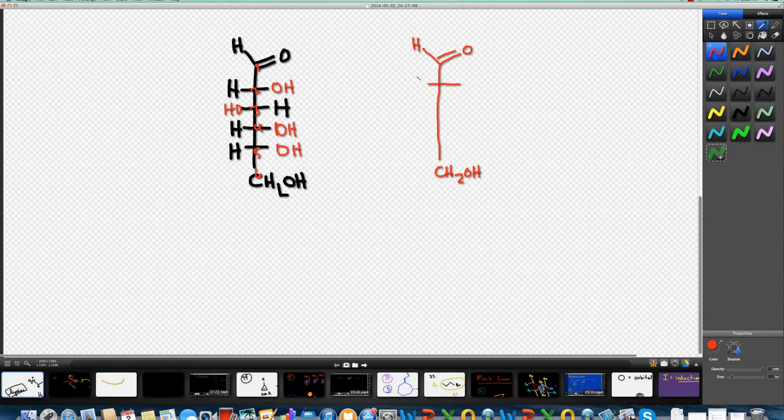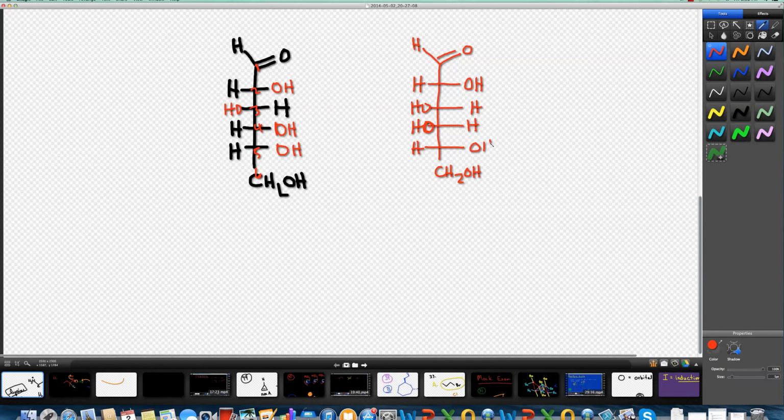And so carbons 1 and 6 are the same. Carbon 2 is the same. Carbon 3 is the same. Carbon 4, however, is inverted. Carbon 5 is the same.